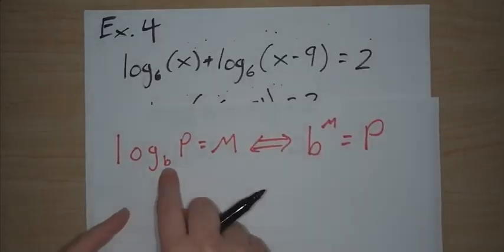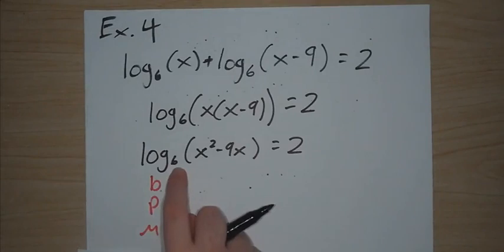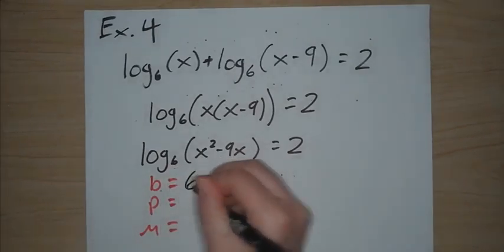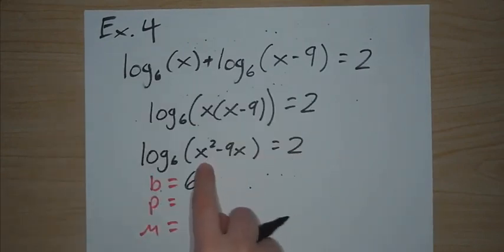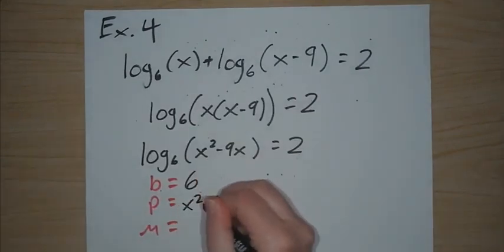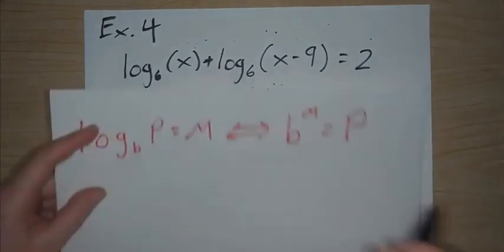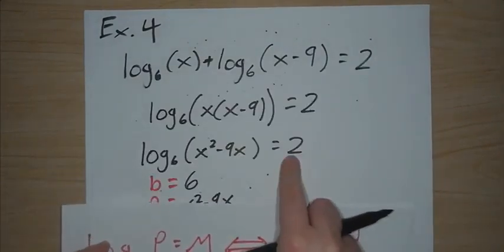Look at our formula here. Our base is b, so our base here is 6. Our value is p, so our p right here is x squared minus 9x. And our m is what is equal to this 2.